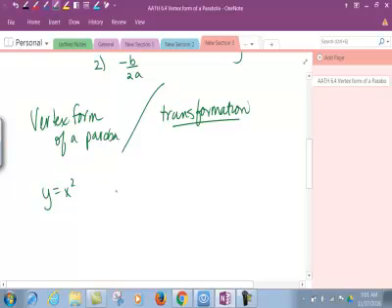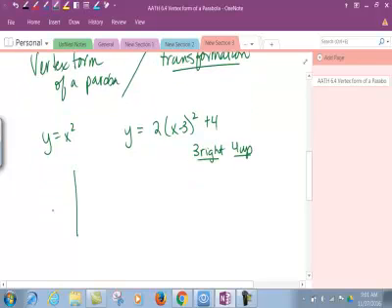If I gave you y equals x squared, the basic function, and told you to graph y equals 2 times (x minus 3) squared plus 4, here's what you would be thinking. You'd say, I know that this parabola has been moved 3 to the right and 4 up. The 2 here, we remember, is a scale change. It has the effect of making the y's twice as big, but the transformation is really what we're talking about.